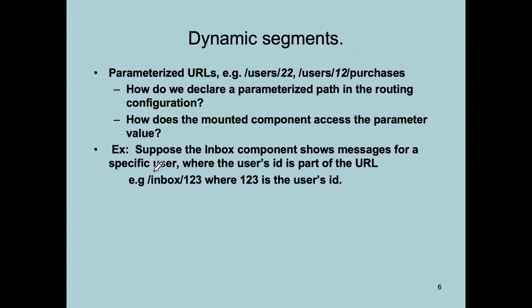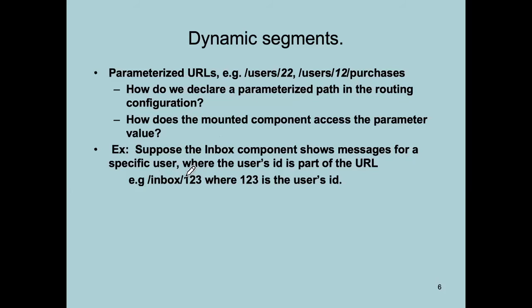So in terms of the first question, how do we express it in the routing configuration? Using our make-believe email client, continuing with that, let's suppose in the inbox part of it, we want to add a parameterized URL. This is what we want the URL to look like.